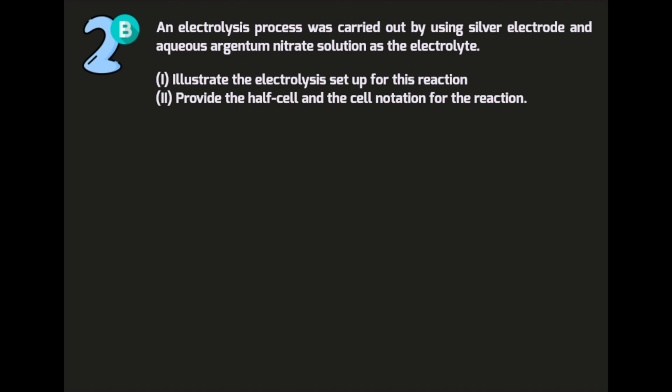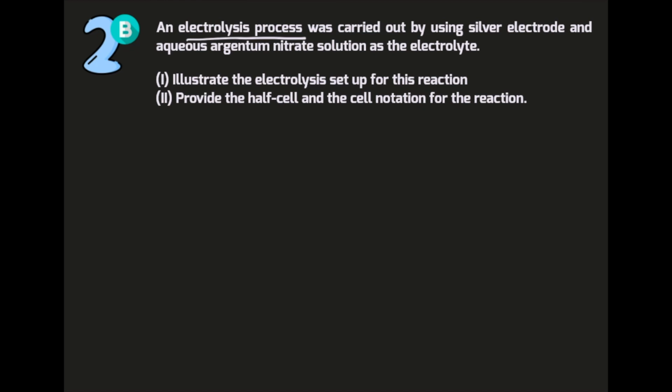Question number 2B. An electrolysis process was carried out by using silver electrode and aqueous argentum nitrate solution as the electrolytes. Number 1. Illustrate the electrolysis setup for this reaction. The clue here is it is an electrolysis process. Therefore, the first thing you need to understand is that an electrolysis process needs a cell or an external energy.